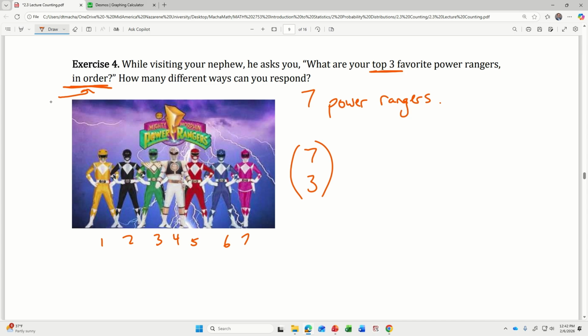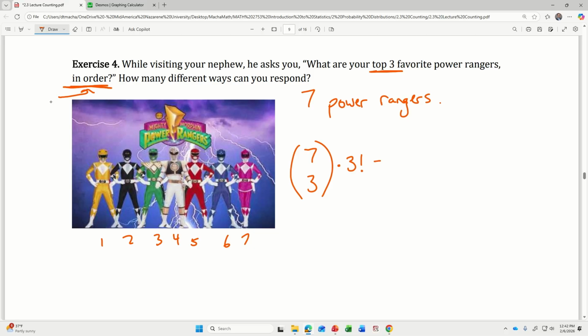It's asking how many different ways can I also place these 3 in order? Well, once I've chosen 3 of them, I can put them in order by then multiplying by 3 factorial, because 3 factorial is the number of different ways I can reorder a set of 3 elements. It's the number of permutations of my subset. So this is the answer.